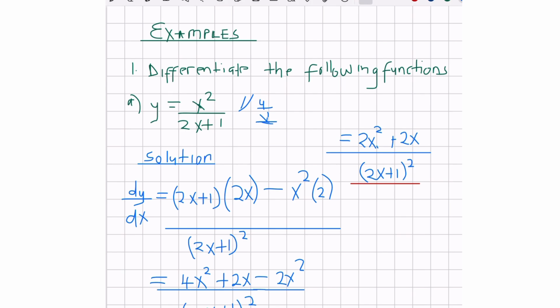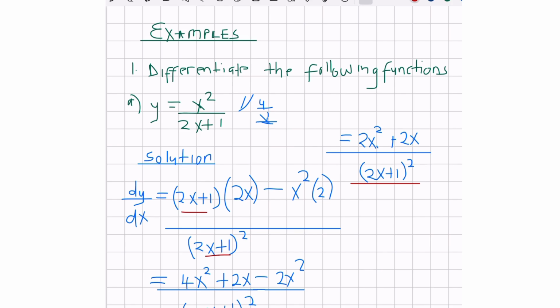So that's what we've done here. We have kept 2x plus 1 and squared it. Then we take our denominator, 2x plus 1, which is now here.